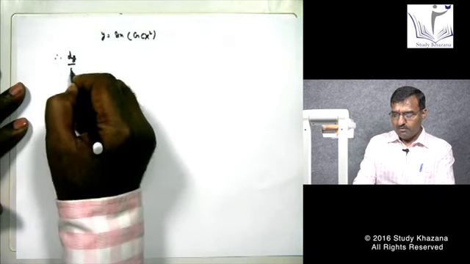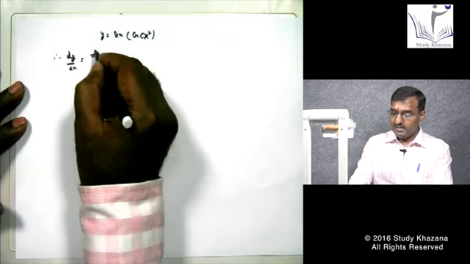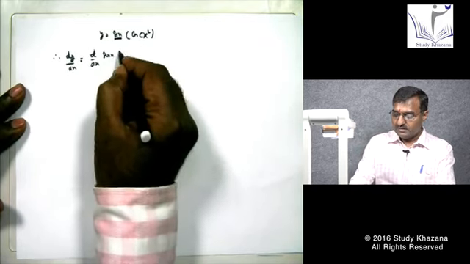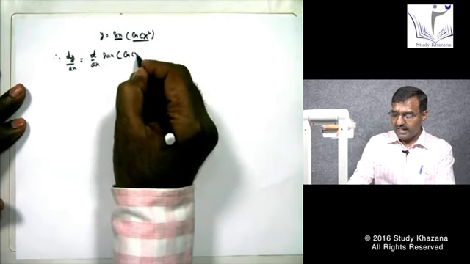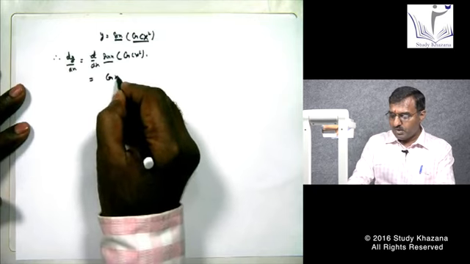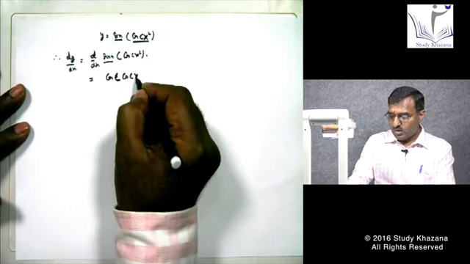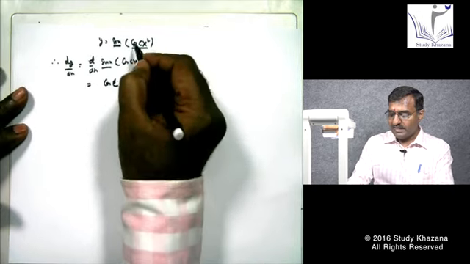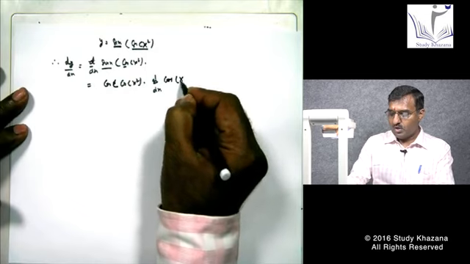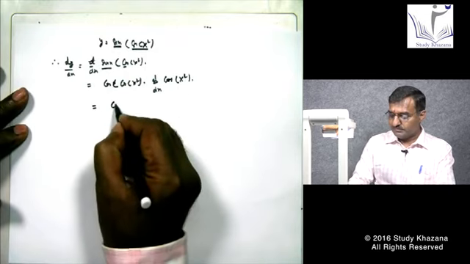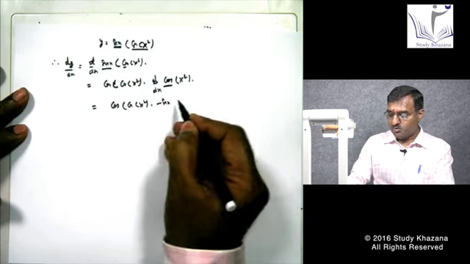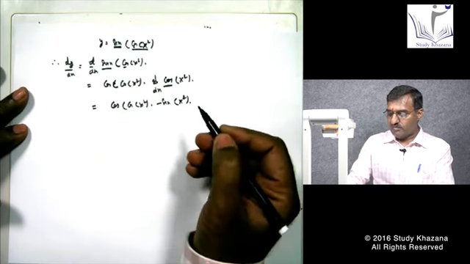So how will we proceed here? We will proceed in a simple way. First we will take the derivative of this sin, keeping this as it is. Now what will it become? It will become cos of x square. Now we will take the derivative of this, d by dx of cos x square. So this will become minus sin of x square.